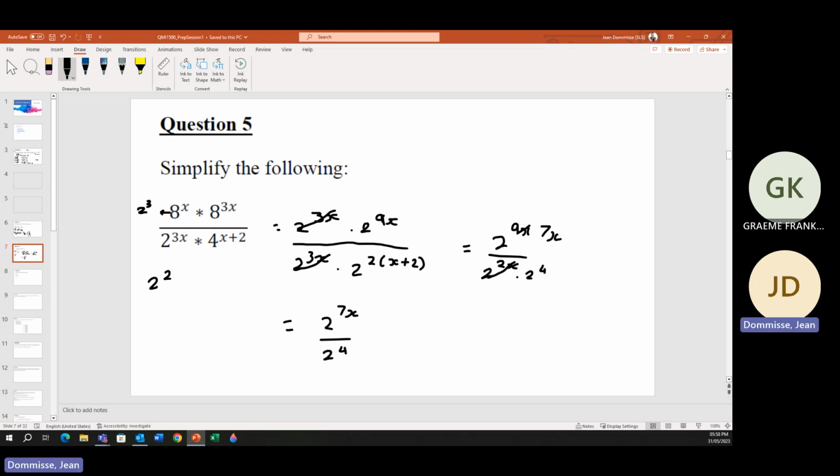And then again, depending on how your final answer looks, it can be kept as that, or it might even be 2 to the power of 7x divided by, and if you multiply 2 to the power of 4 out, you get 16.